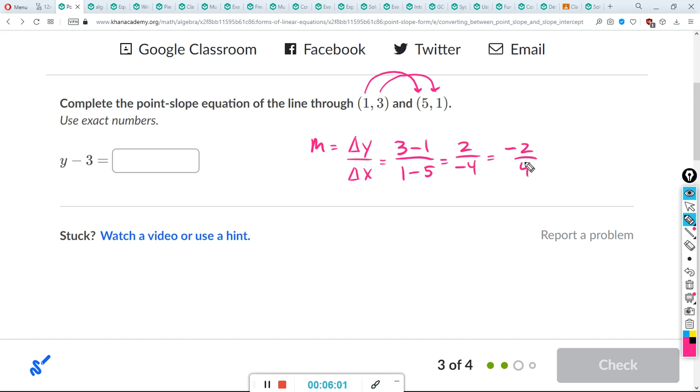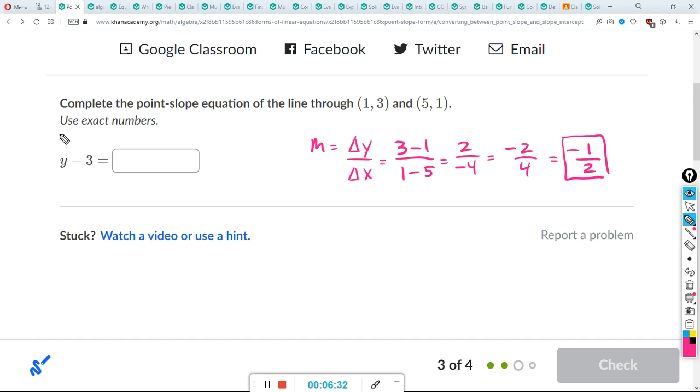But they probably want us to reduce this fraction. They're both even numbers. It starts with a negative. 2 divided by 2 is just 1, 4 divided by 2 is just 2. So we reduce that fraction to negative 1/2. And now we have to see which one they used for x1 or y1.